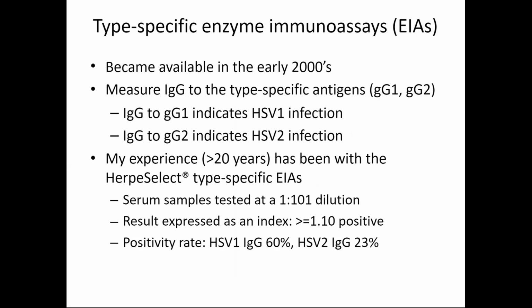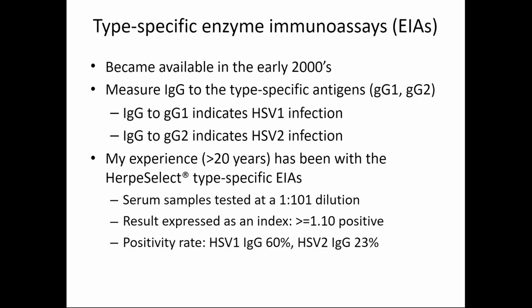Now we come to type-specific enzyme immunoassays. These became available in the early 2000s, and they measure IgG to those type-specific antigens that I mentioned. An antibody to gG1 indicates HSV-1 infection, and IgG to the gG2 antigen indicates HSV-2 infection. In my experience of over 20 years, it's been with the HerpeSelect type-specific EIA.